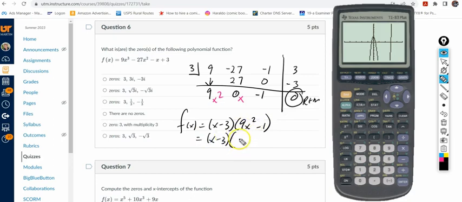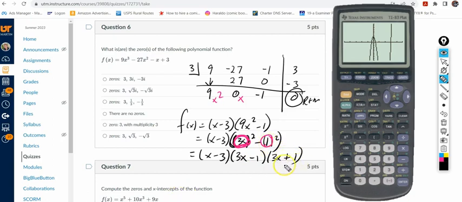because 9 is 3 squared. So inside there, I'll have that. And so I'm going to get the first one minus the second one times the first one plus the second one.